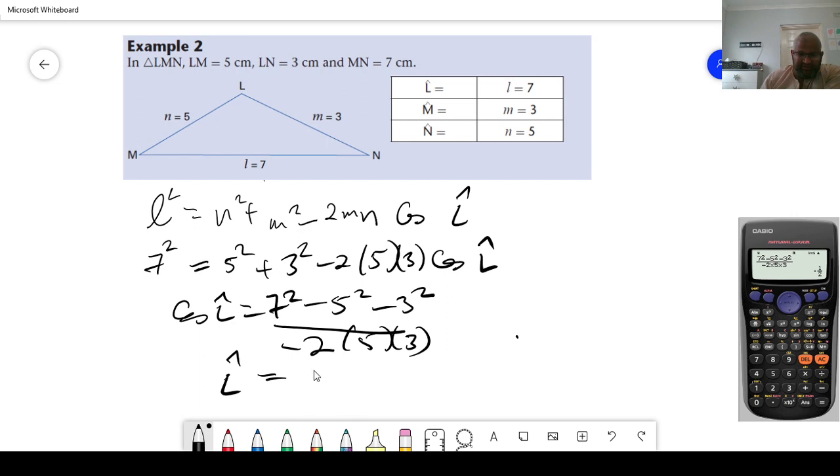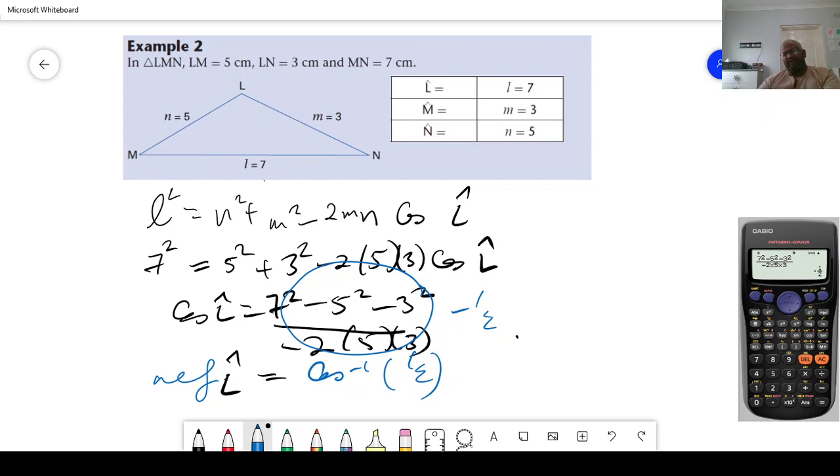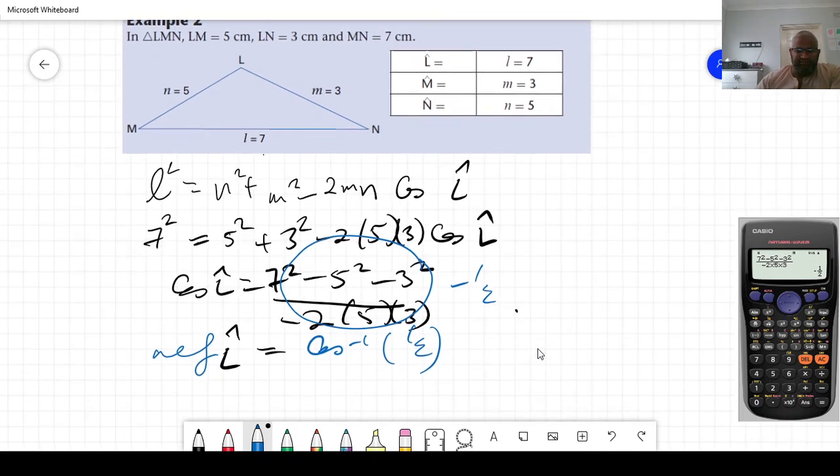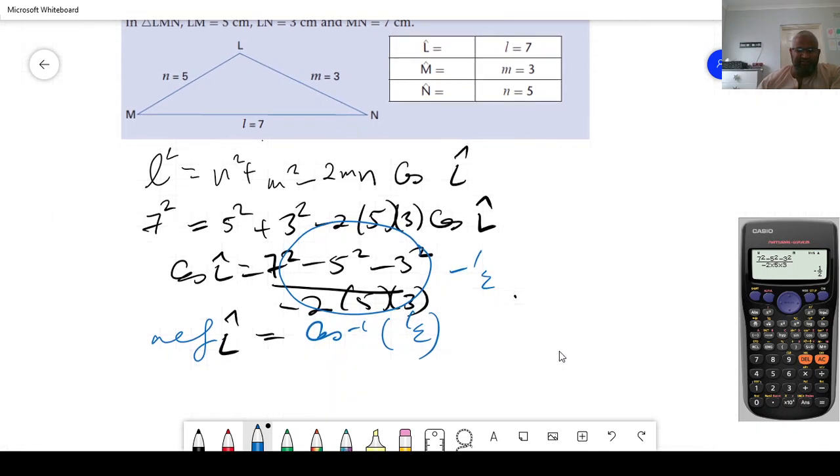So that gives us a ratio of negative half. So now this is going to be an obtuse angle, so let's call this a reference angle, arccos of half. Now I know some people use the negative angle. It will give you negative 60, and then it's going to give you, in the second quadrant, 180 minus 60, which is 120.